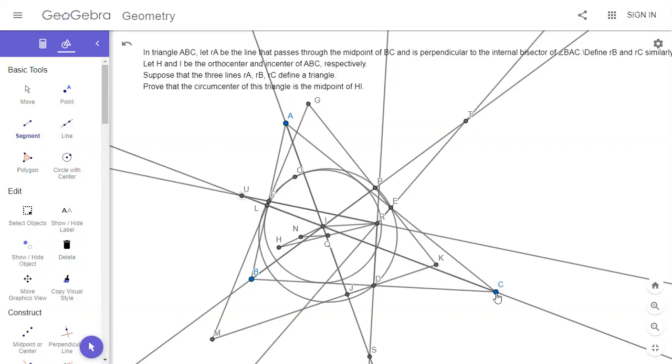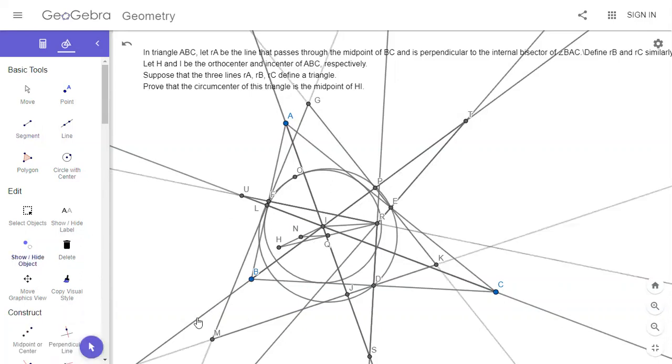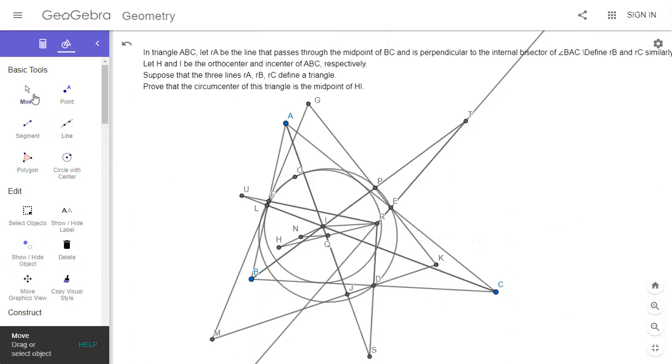Let me clean up some stuff. He told me to look at the triangle formed by the 3 X centers. We should look at the center of the homothety that takes one to another. All right.